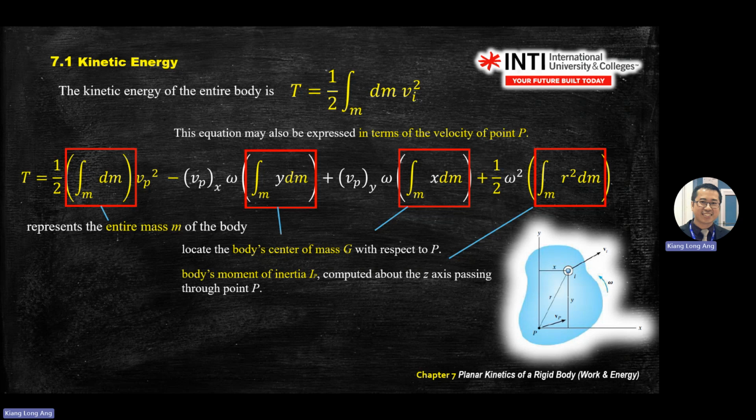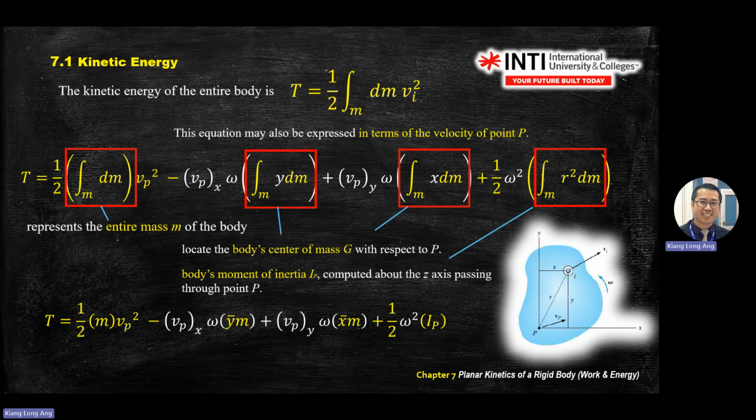So again, particles only have this one. Rigid body, you have another 2, which is center of mass and moment of inertia. Then this will be the equation that we will apply for rigid body in kinetic energy cases.